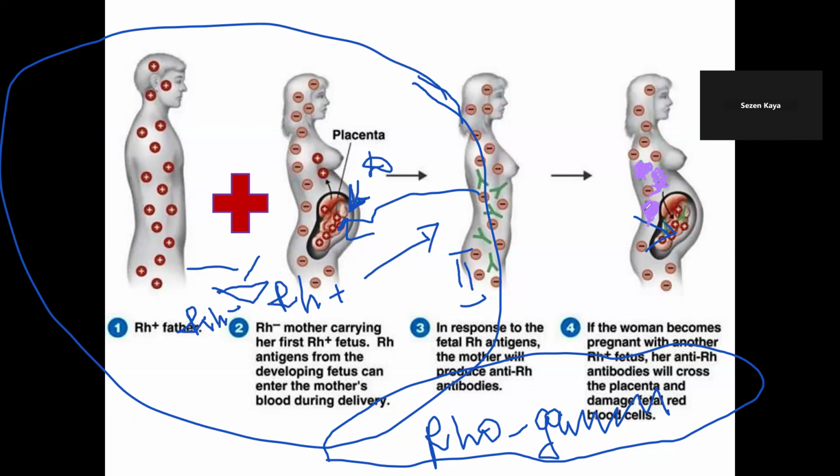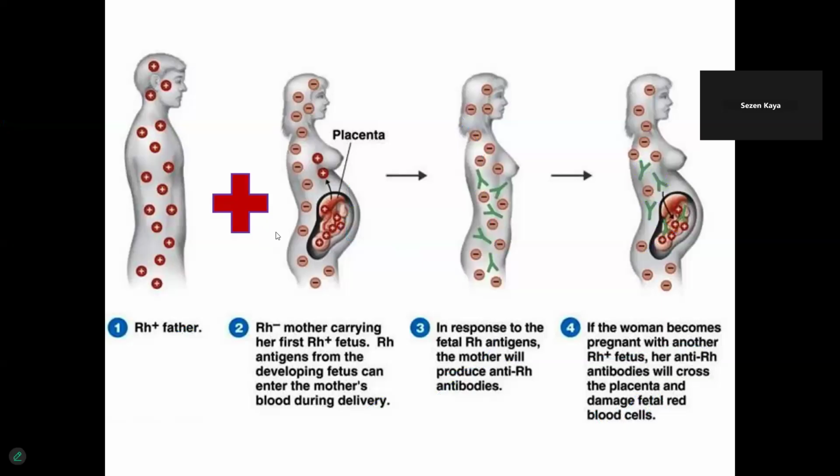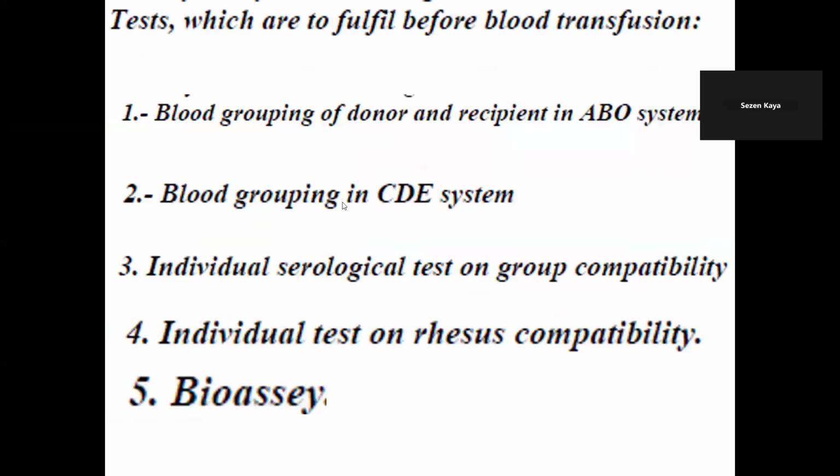So after every pregnancy, if a woman has a conflict with her husband, the father of her baby, she should use this Rogam, or maybe some other treatment. I don't know, now I know only this one, which is used worldwide for treatment of this situation, and they can continue to have children. So this is not so big a problem, but before, like 30-40 years ago, it was a huge problem.